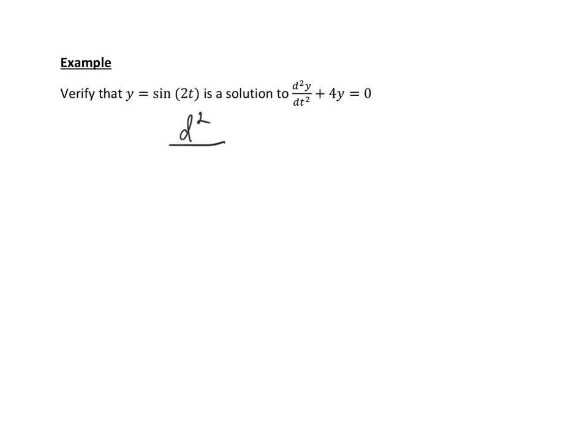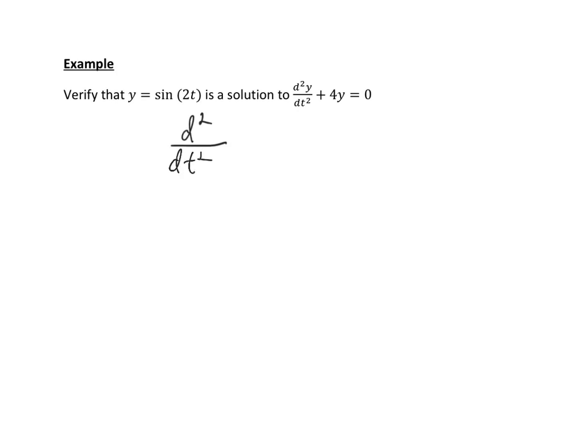So we're doing the second derivative of sine of 2t, and then plus 4 times sine of 2t should give us 0. So let's see if that indeed is the case.